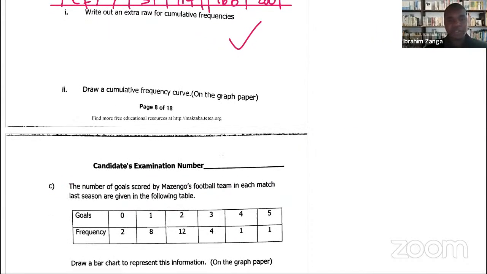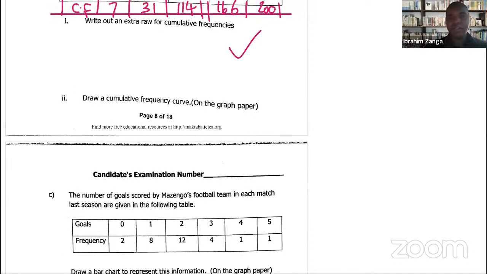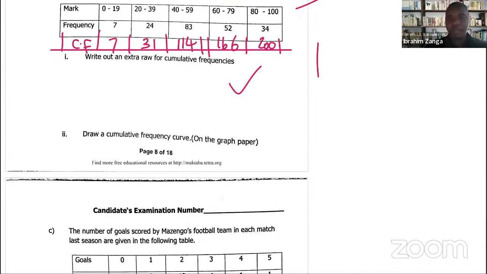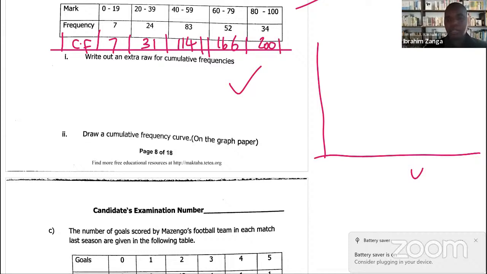Draw a cumulative frequency curve on the graph paper. So you know that the curve is going to be the graph. So you have the upper limit, and on the other side you're going to have cumulative frequency, dear students. And because of time, we're not going to do that.